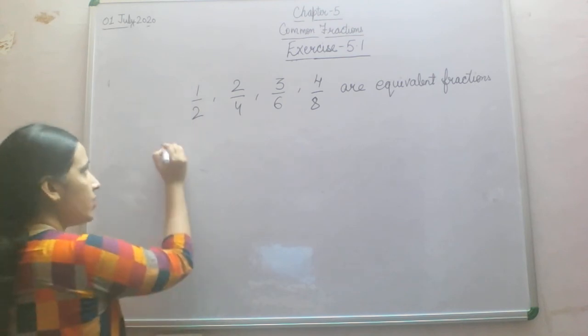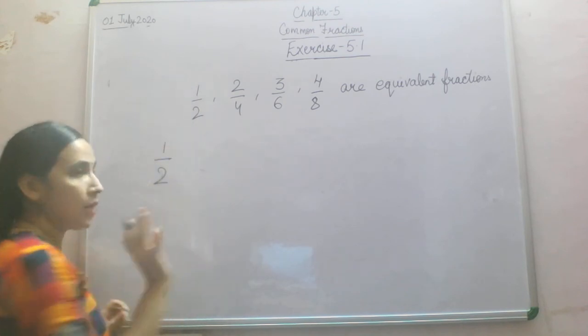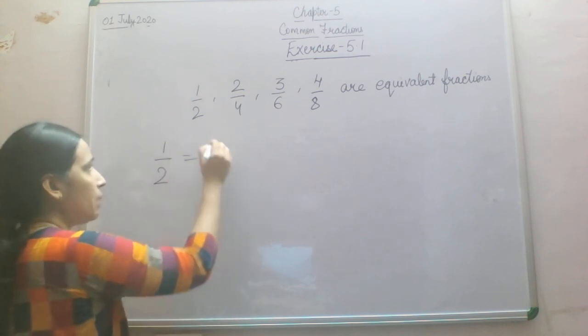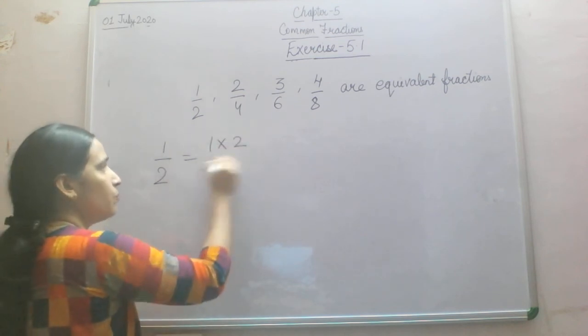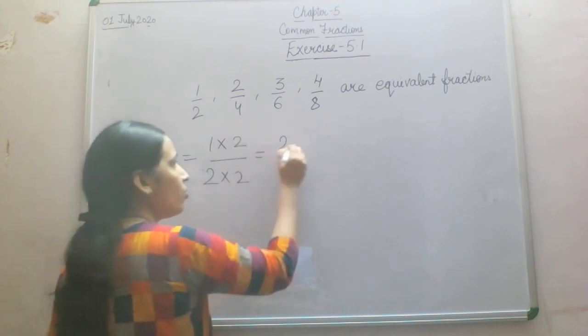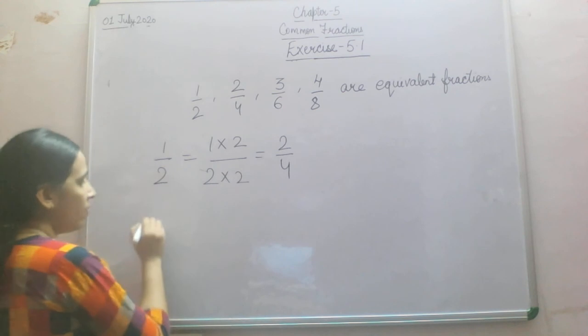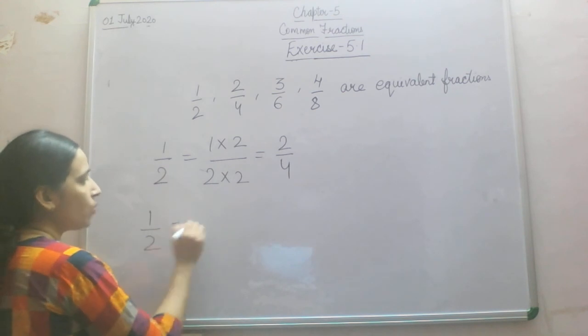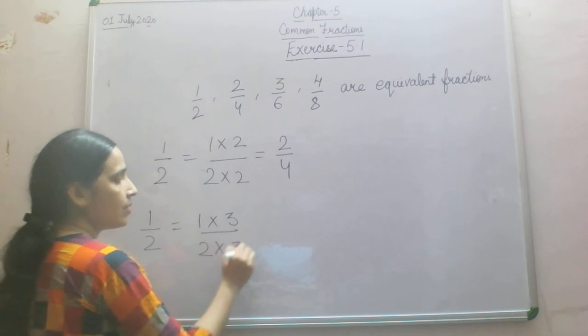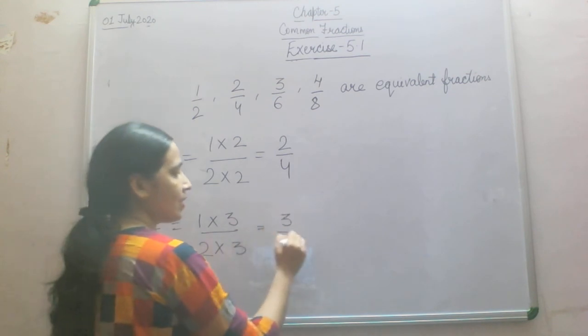Yes, because when I have this fraction 1 by 2, and we multiply 1 by 2 by 2, then we will get 2 by 4. When we multiply 1 by 2 by 3, then what will we get? 3 by 6.